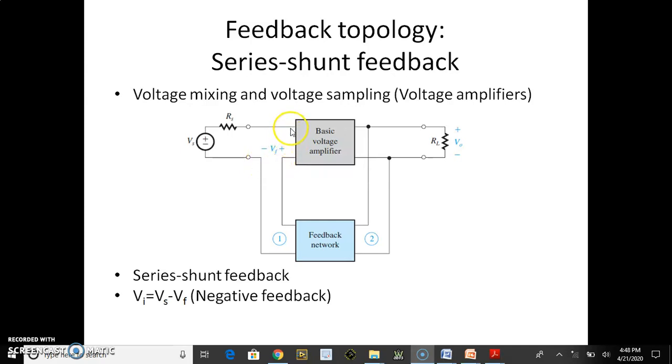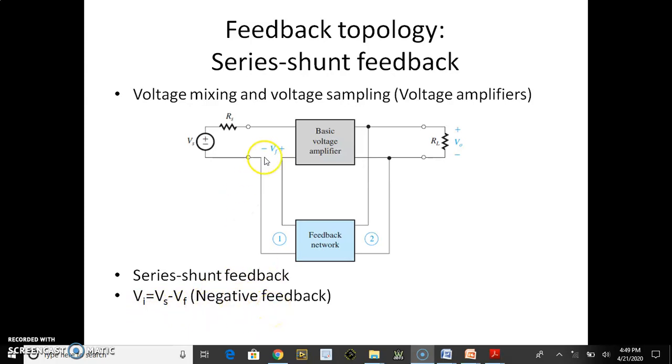So Vin is actually VS minus VF, meaning if there was no feedback from the output to input, Vin would have been equal to VS. Because of this feedback VF, in this polarity, that is minus plus, the input voltage is less than the previous case. So that's why Vin is VS minus VF. That's why this is called negative feedback.